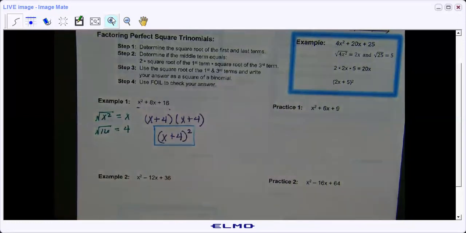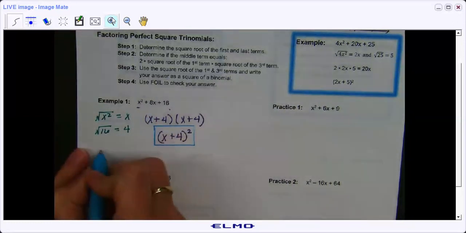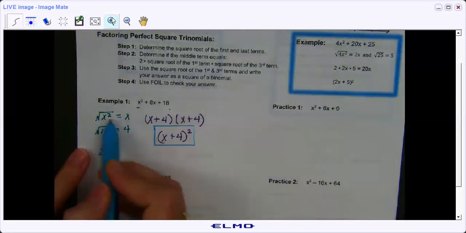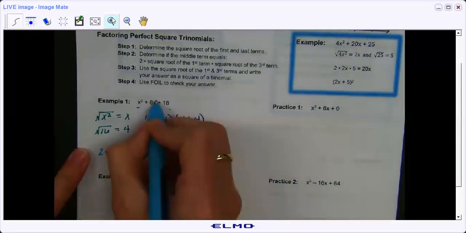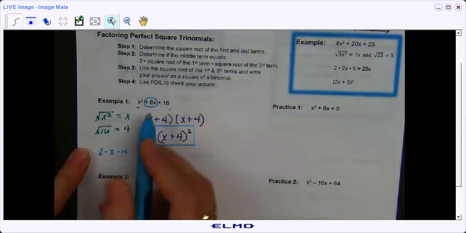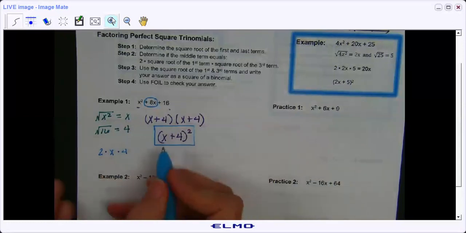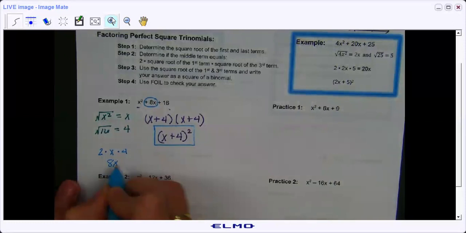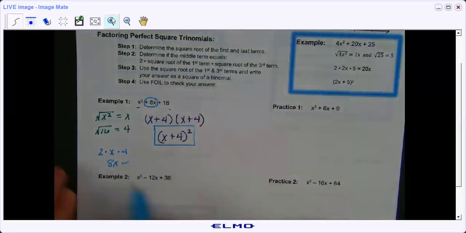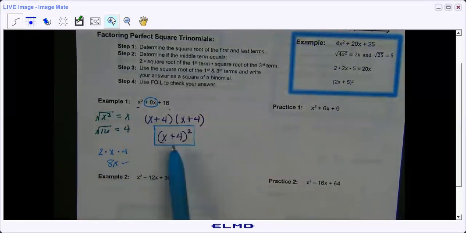That means I take 2 times the square root of my first term times the square root of my third term, and if it equals my middle term, then this is a perfect square trinomial. 2 times x times 4 is 8x. Since that is my middle term, that checks out, and my answer is x plus 4 squared.